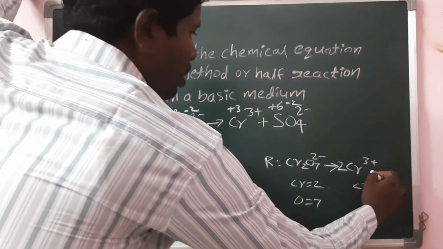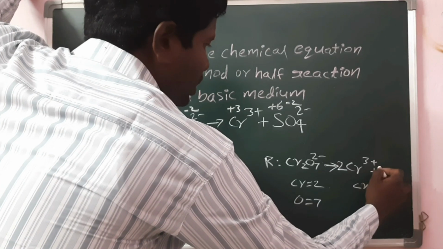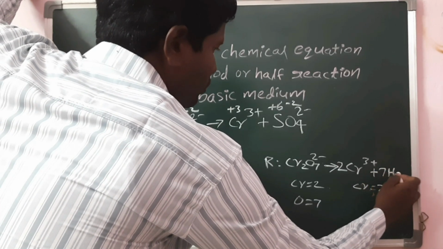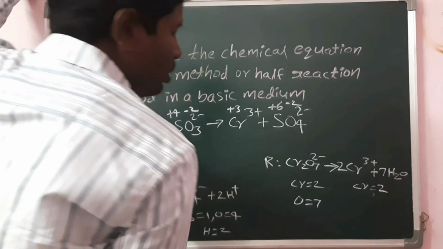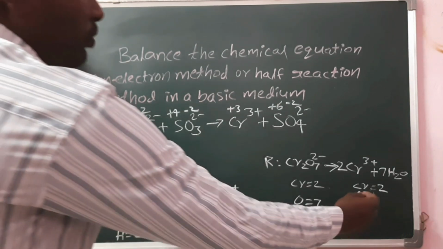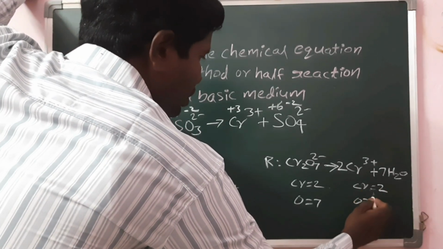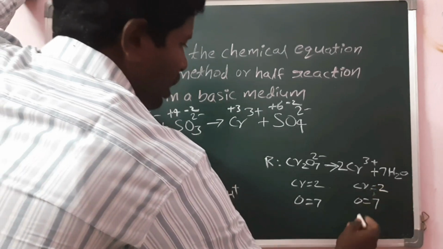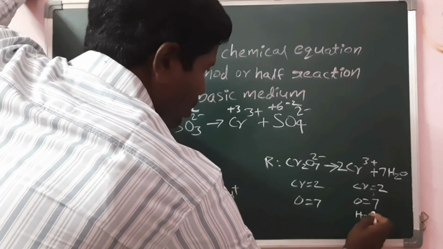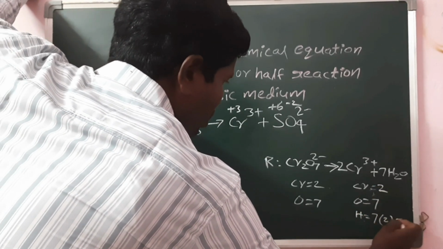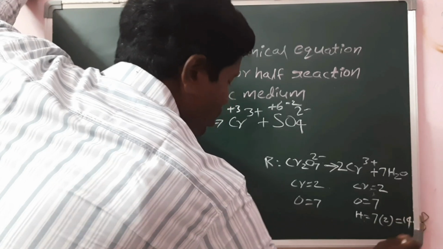So now we can produce 7 water molecules. Now we can write here the number of oxygen atoms is 7 and the number of hydrogen atoms is 7 into 2, that equals 14.